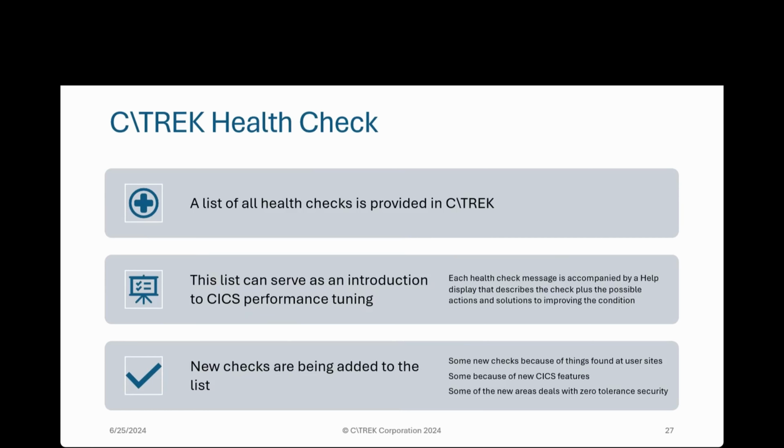If you put your cursor on one of them and hit PF1, it'll give you the reason what that particular health check means and why it's there. So every health check is accompanied by a help display, which tells you why we are identifying this situation, how you can fix it, and, if you want to add that, what you need to monitor, what the things are you need to look at to get the information.